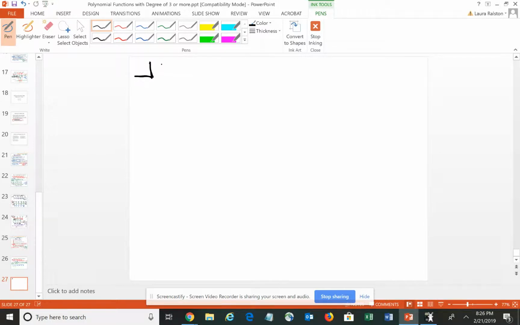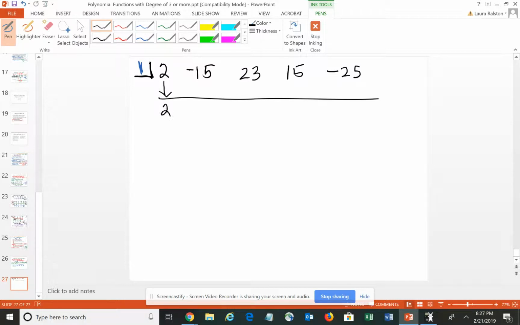Okay, so I have my box. I have 2, negative 15, 23, 15, and negative 25. And it looked like on my graph that 1 was one of my zeros, so I'm going to try 1 first. I have dropped the 2. 1 times 2 is 2.